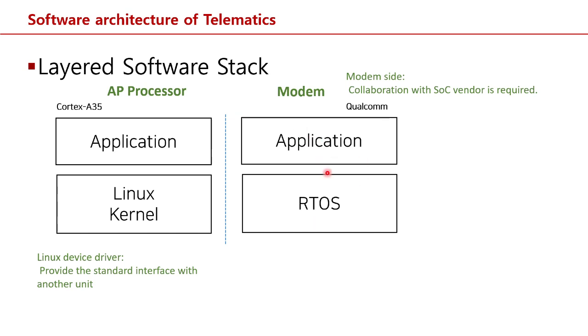The detailed features of the real-time operating system and applications in the modem processor are closed, because only the partner companies of Qualcomm can look at the reference manual of the modem processor. But the fact of the matter is that the telematics chipset is based on this software stack.